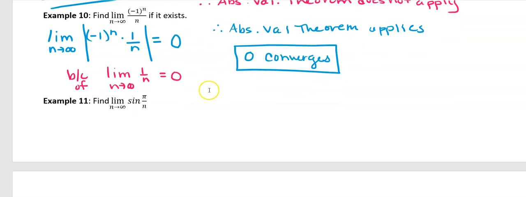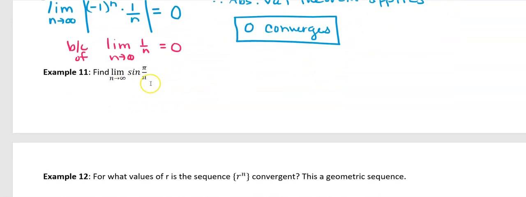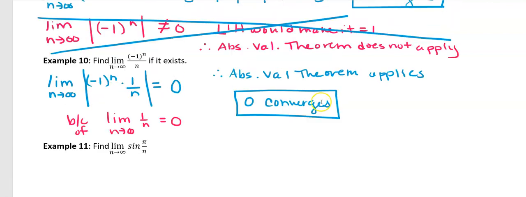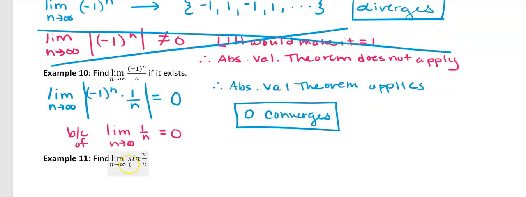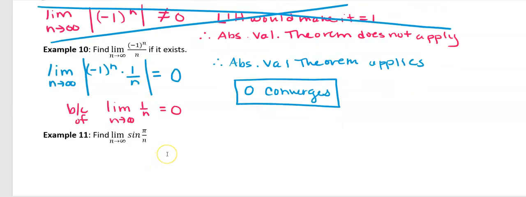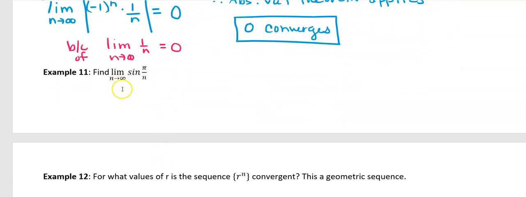Okay, let's look at number 11. Now with this one, remember the idea of being able to focus on what's happening on the inside here. So first, let's say the limit as n is approaching infinity of the sine of pi over n is our sequence. So we kind of already have an idea of what's going to happen here.